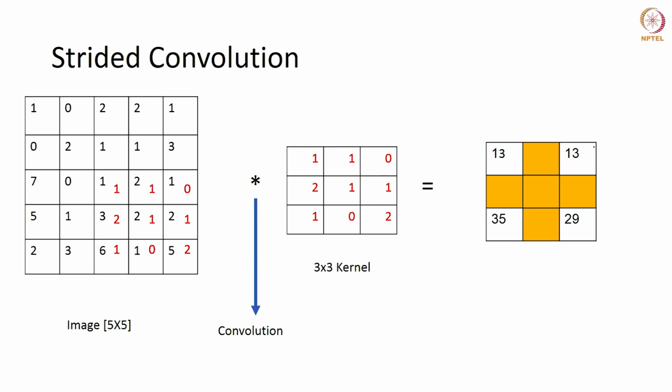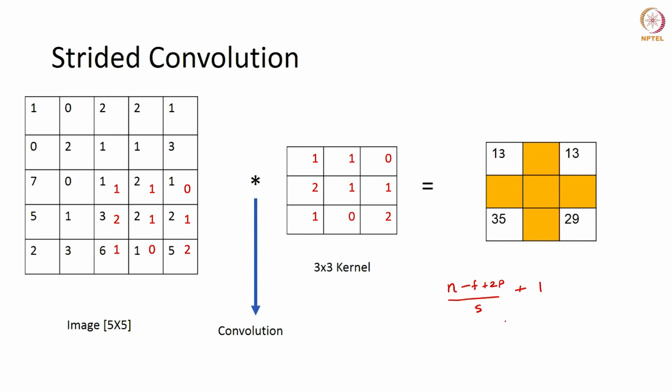So, the general formula for strided convolution, again giving the size of your feature maps, where the input is n by n, is (n minus f plus 2p) divided by the size of your stride, plus 1. In this case it is very easy to verify.